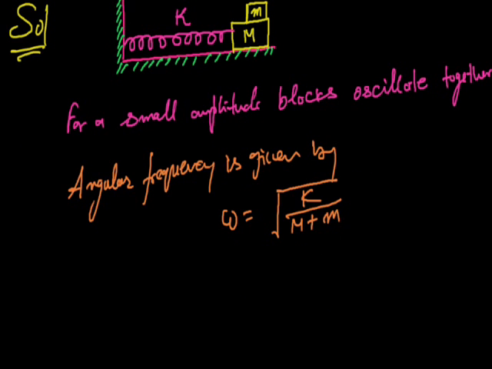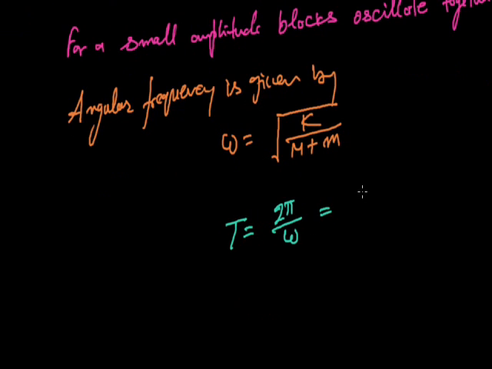So the time period of both the blocks, T is 2 pi by omega, that is equal to 2 pi root of capital M plus small m upon k.